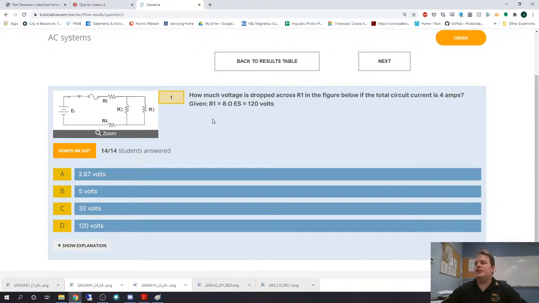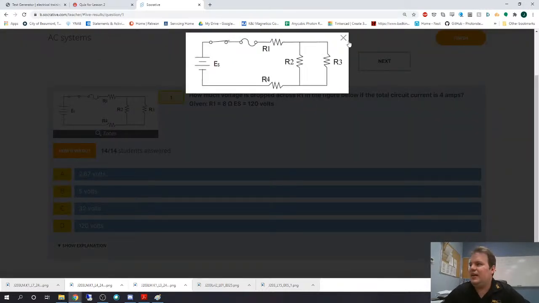So this question number 1, we have how much voltage is dropped across R1 in the figure below if the total current is 4 amps. So let's zoom in. That got a little bit bigger. Okay, so if the total current is 4 amps, well, that means the total current flows through the source, goes through R4, it splits between 2 and 3, and the total current goes through R1.